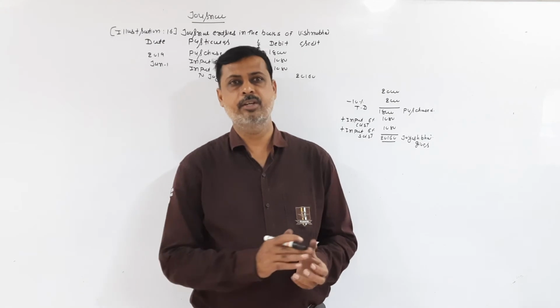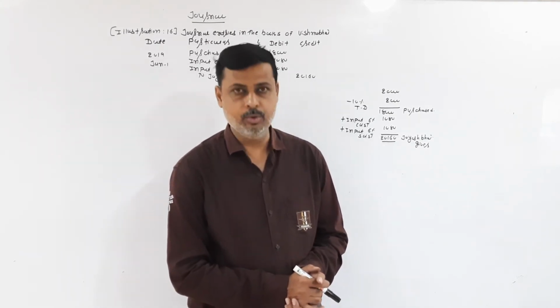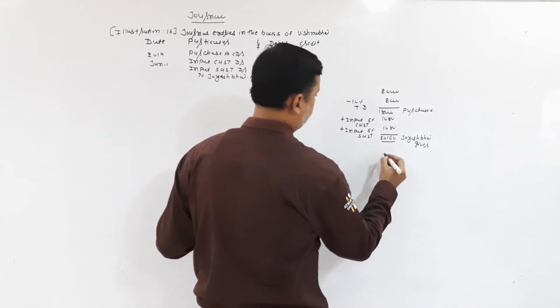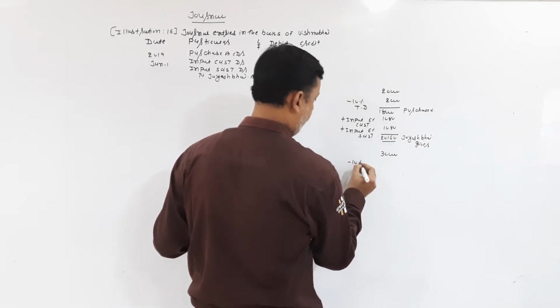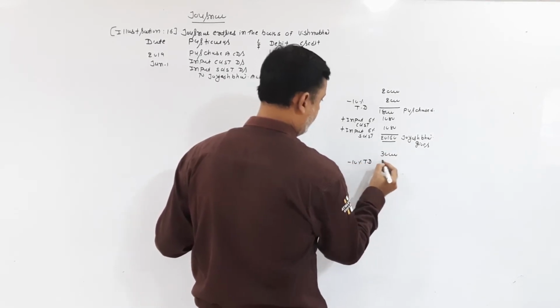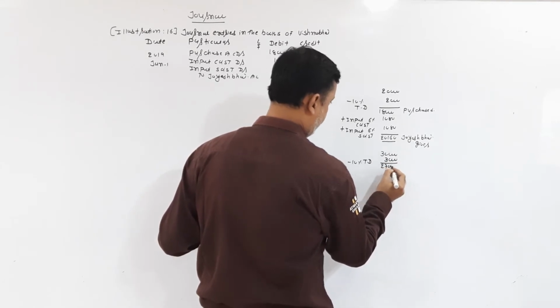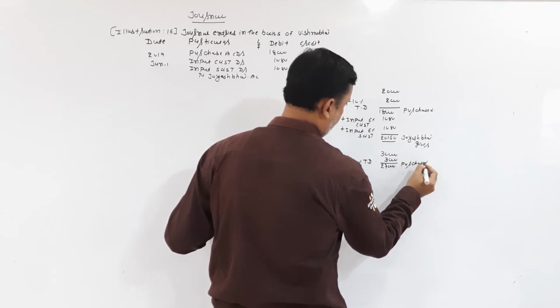So IGST is applicable here. 30,000 goods, 10% trade discount 3,000. So 27,000 goods purchased.